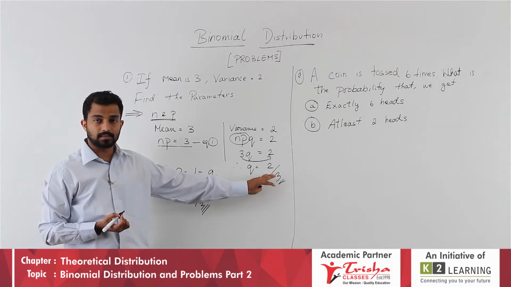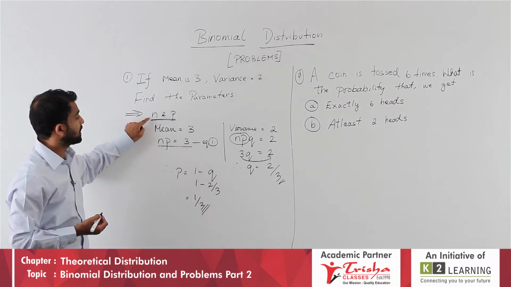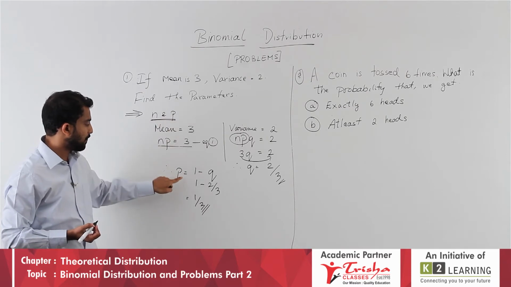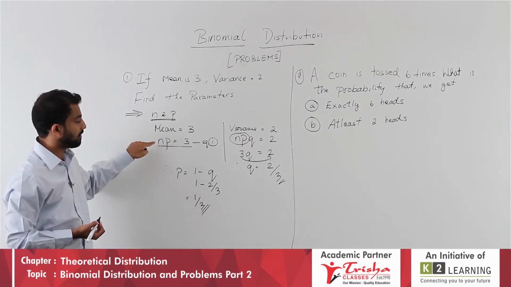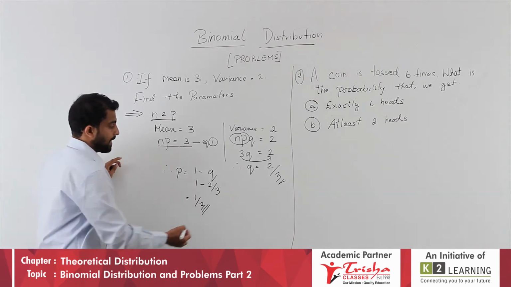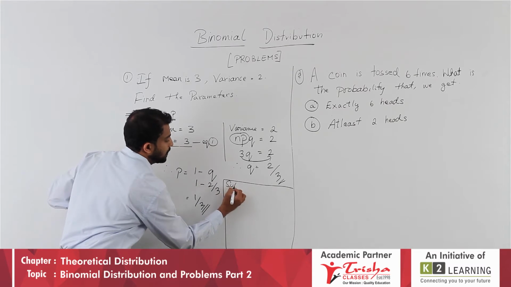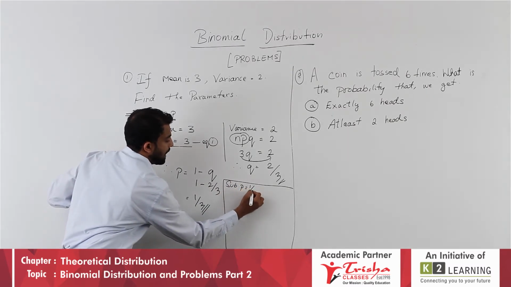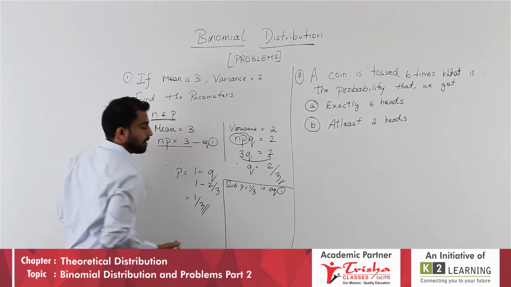We have got what is q, but still we have not answered the question. What is the question? Question was find the parameters n and p. We have got the value of p now. We need to find out the value of n. How do we get it? Substitute p is equal to 1 by 3 in equation 1.